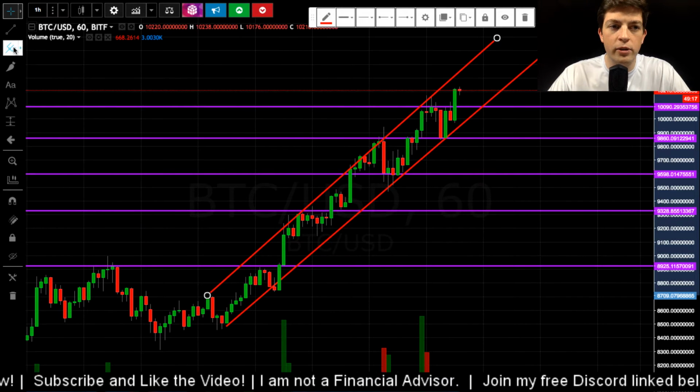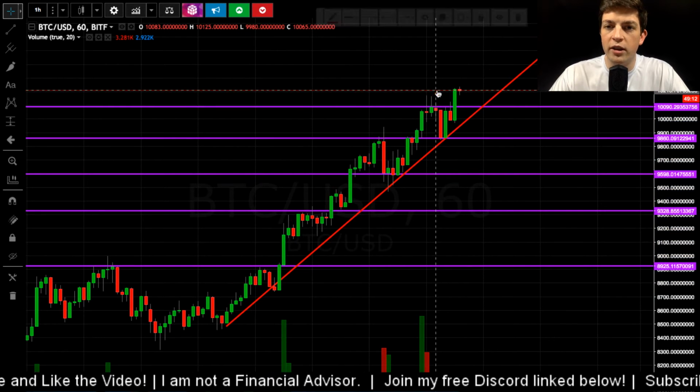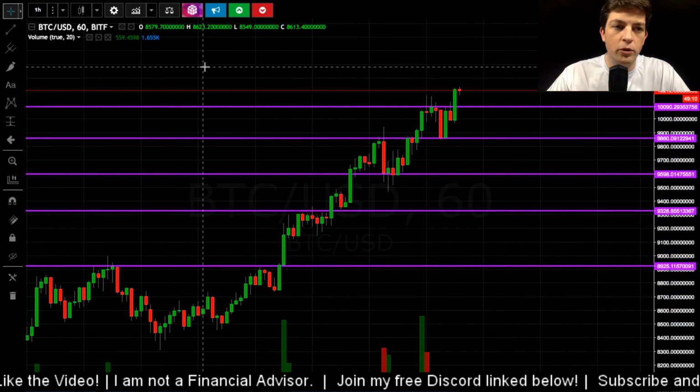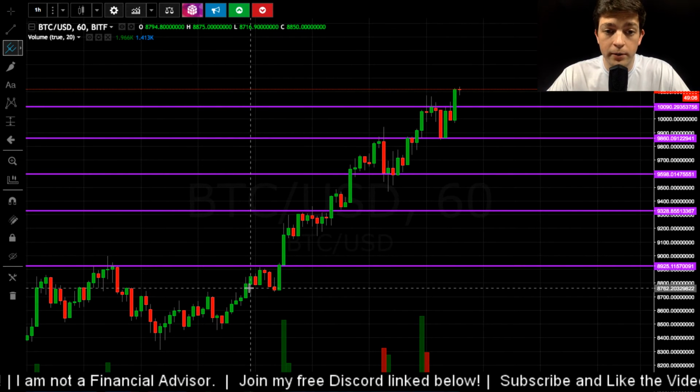Another way that you can do this is by using the pitchfork, which I can go ahead and show you. And this, again, just forms those support and resistance lines in the diagonal manner as opposed to the horizontal manner.